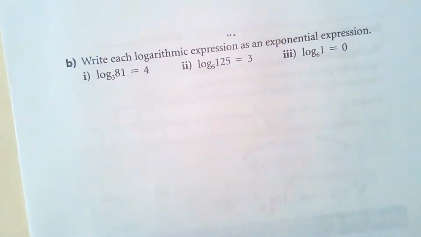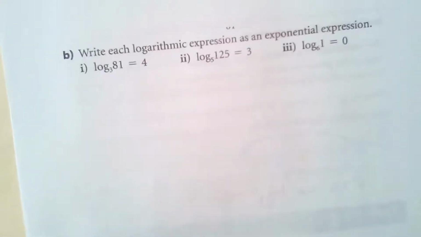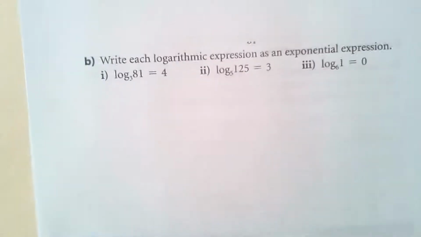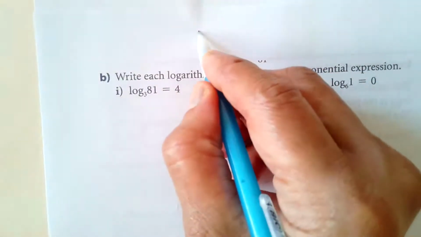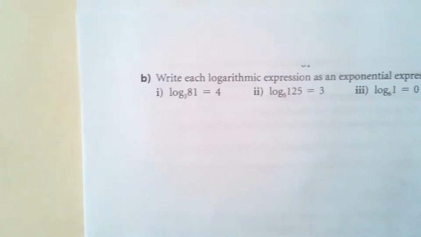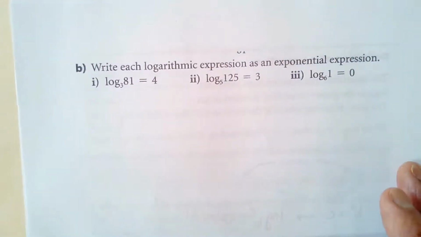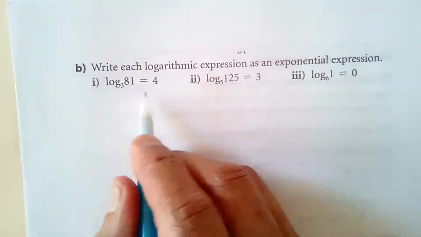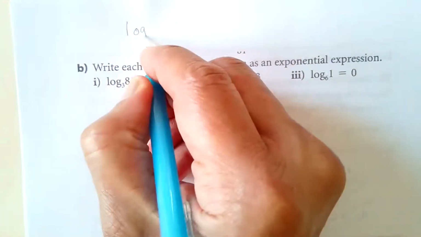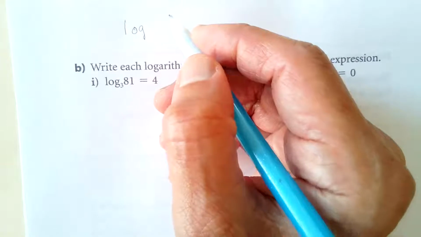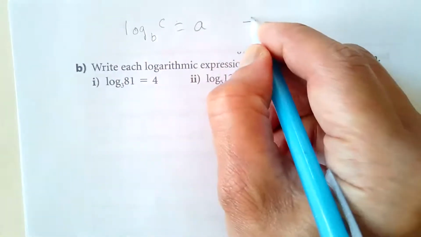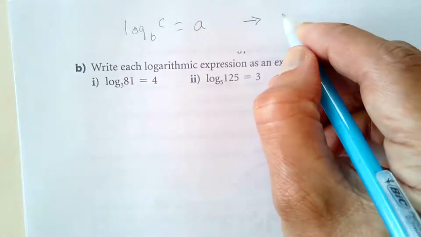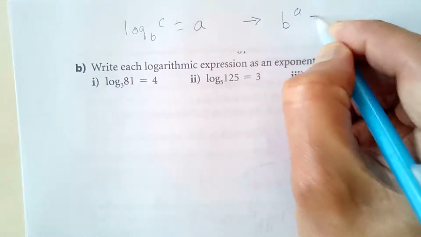Now we are asked to do the reverse in this case. Just remember, we are using this as our fact. We're changing this. We're going to have log base b of c is equal to a, and we can change that to b to the a is equal to c.